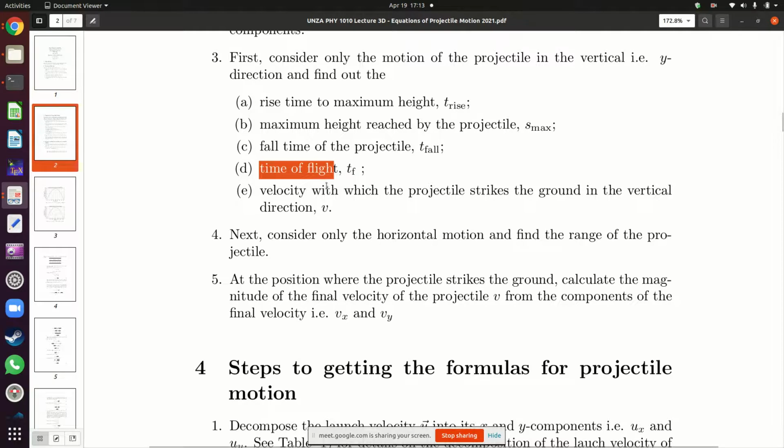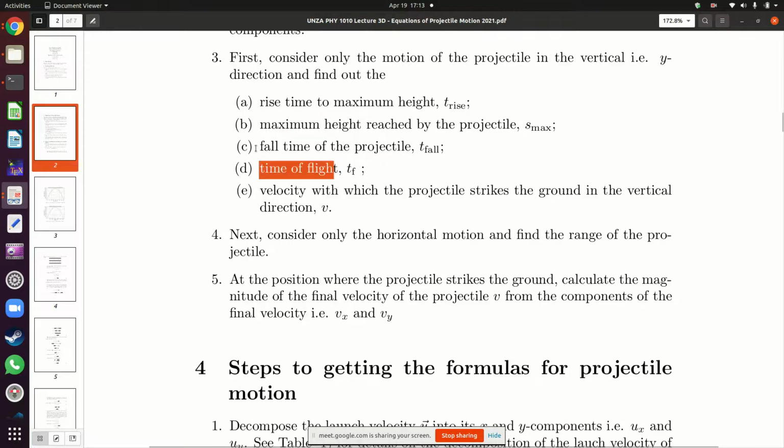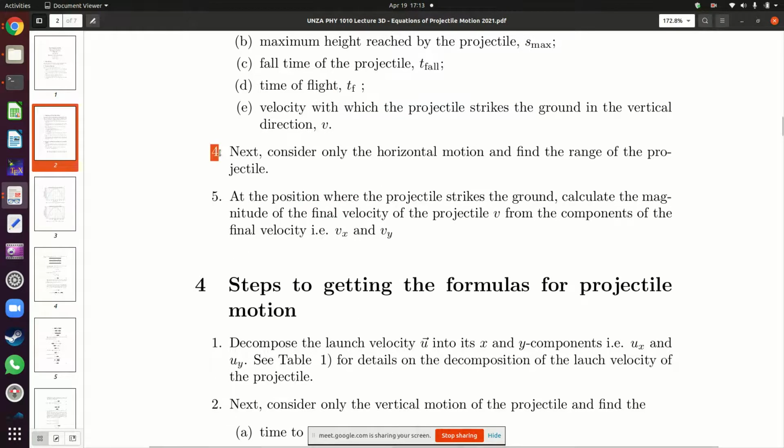After that, our interest will be in finding out with what velocity the projectile is going to strike the ground in the vertical direction. Okay? Once we have answered these questions, the rise time, the maximum height reached by the projectile, the fall time, the flight time, and the strike velocity in the vertical direction, then we are going to turn our attention to item number 4, where we're going to work out the range based on the velocity of the projectile in the x direction and the flight time.